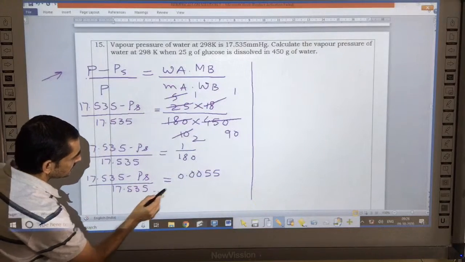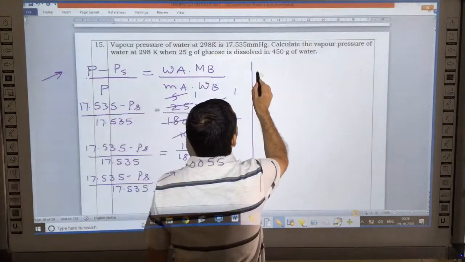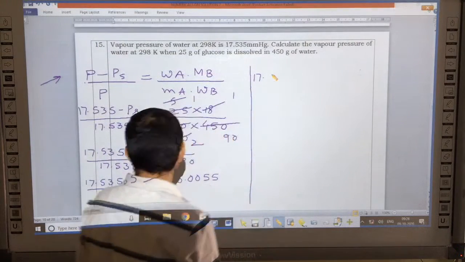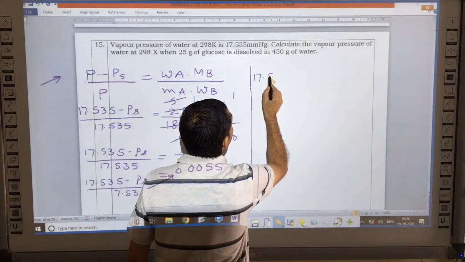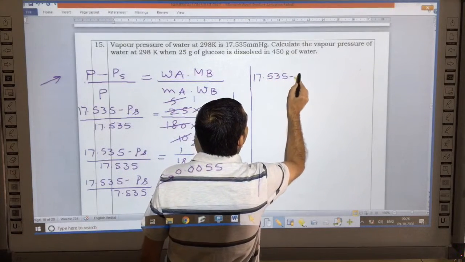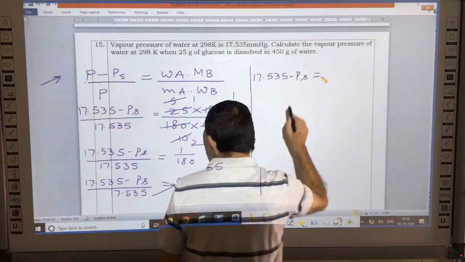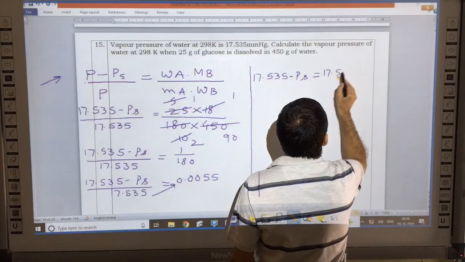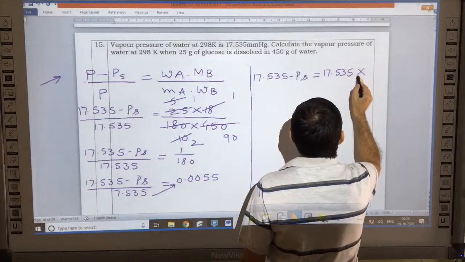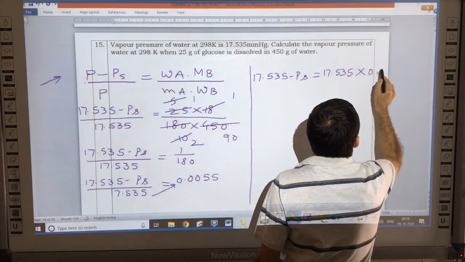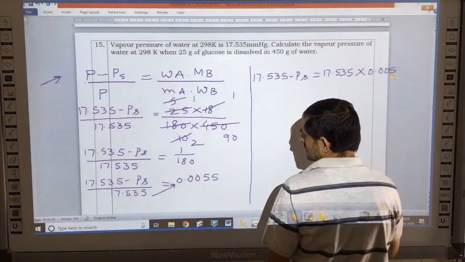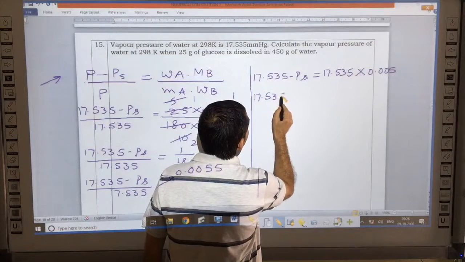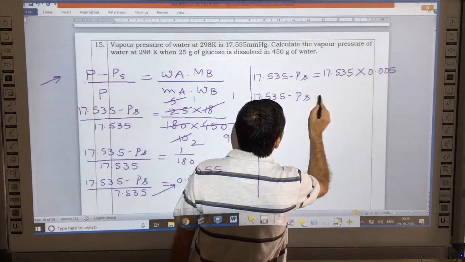Now you cross multiply. 17.535 minus PS is equal to 17.535 multiplied by 0.0055.